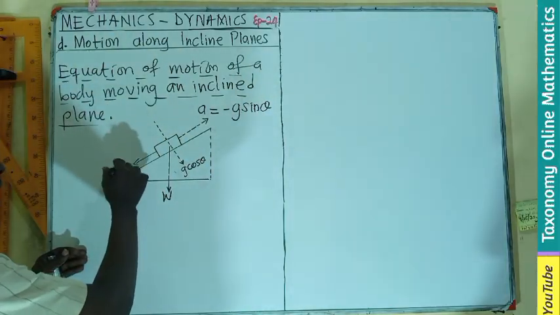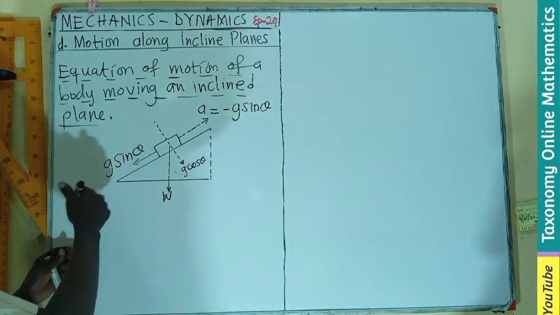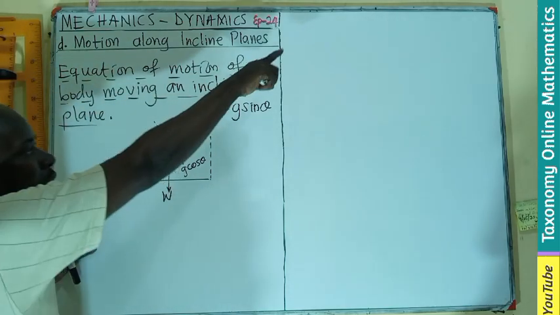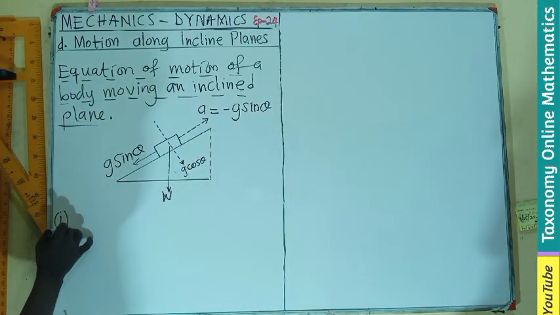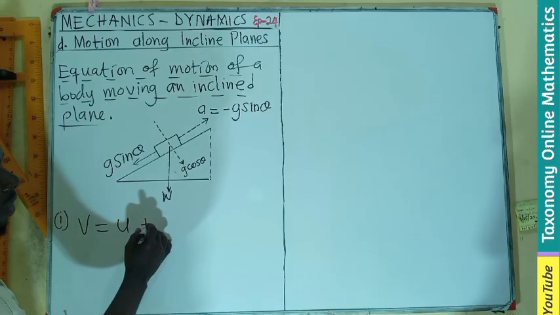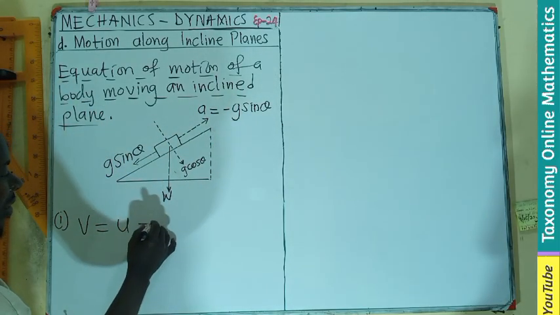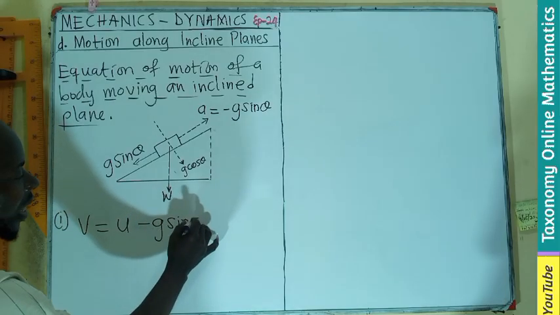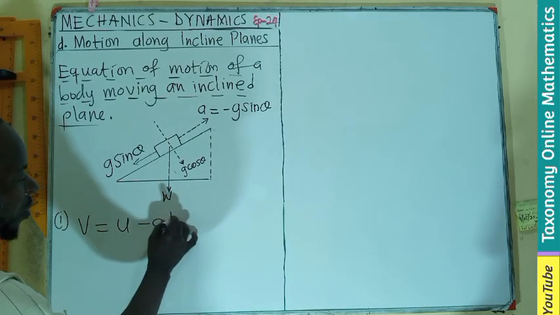Remember, this is g sine theta, that is the acceleration moving down. But moving up will be negative. So your equations will become v equals u plus at, which is going to be negative g sine theta t.